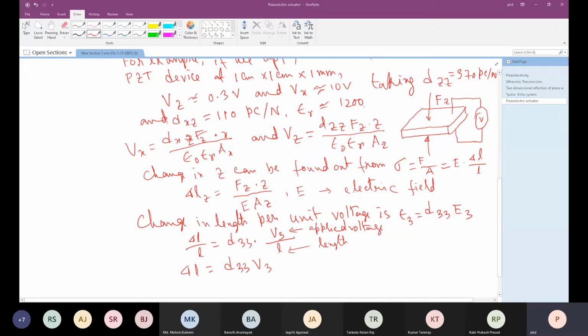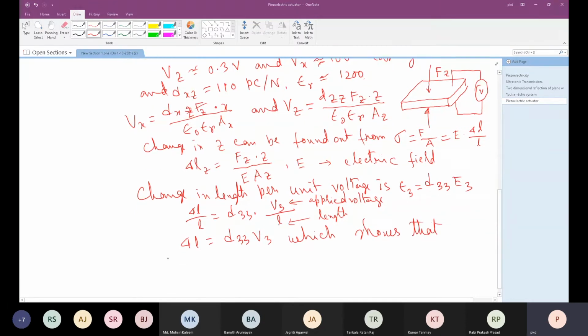Since these two L's cancel out, this L and this L, it shows that displacement delta L is independent of L, that is the size of the piezoelectric actuator. So this is a very important conclusion.